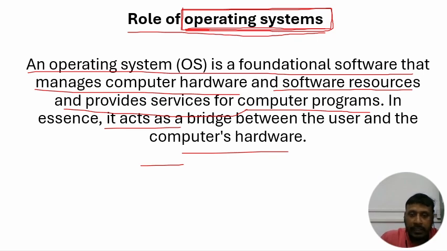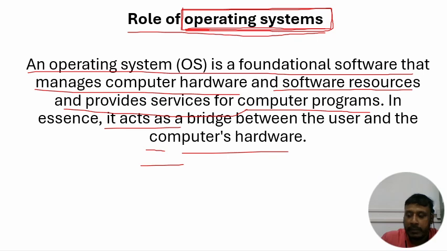Another function of an operating system is memory management. So how does the operating system do memory management? The operating system keeps track of each byte of computer memory. The memory may be in a hard disk, in RAM, or cache memory, any type of memory.